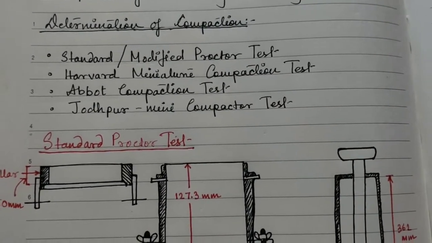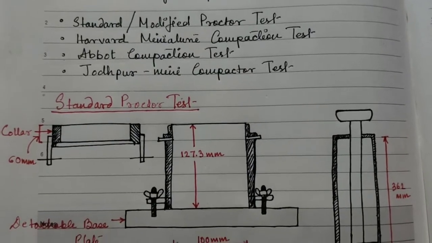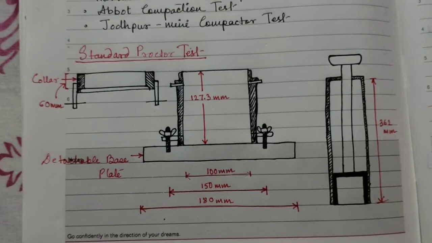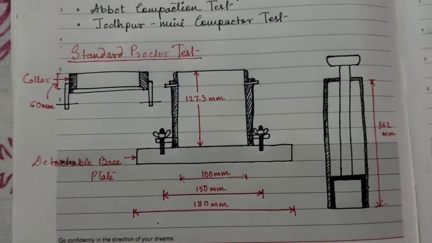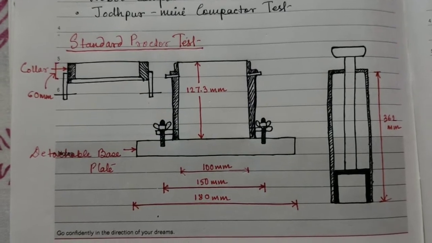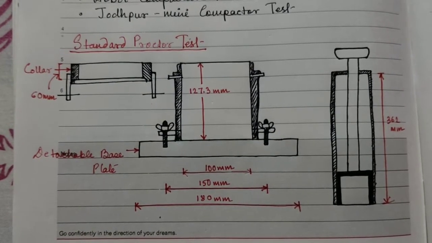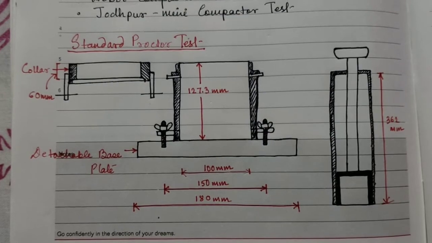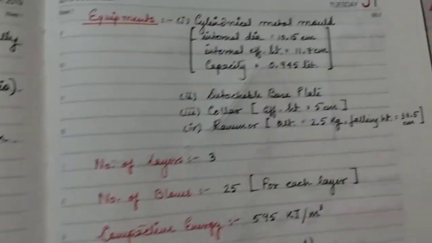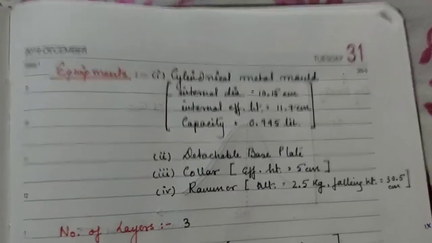So let us move on to the standard Proctor test. The standard Proctor test was developed by R.R. Proctor in the year 1933 for the construction of Earthfill Dam in the state of California. What are the equipments that are used for the standard Proctor test?